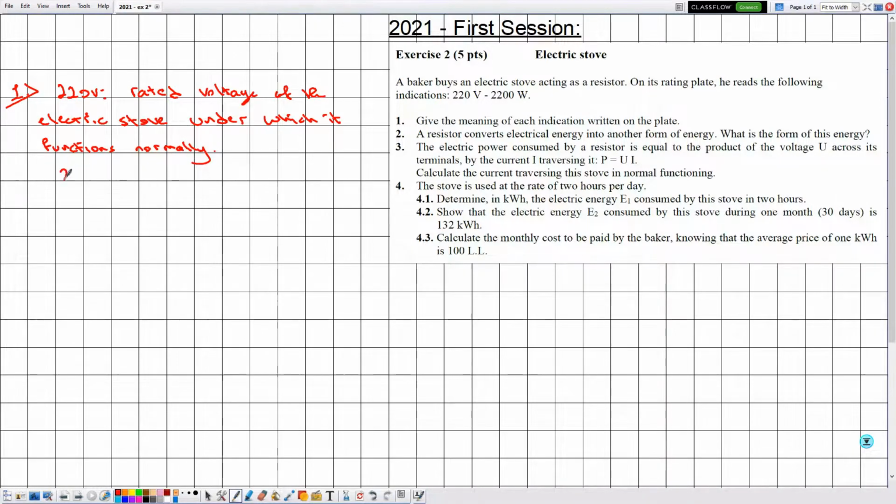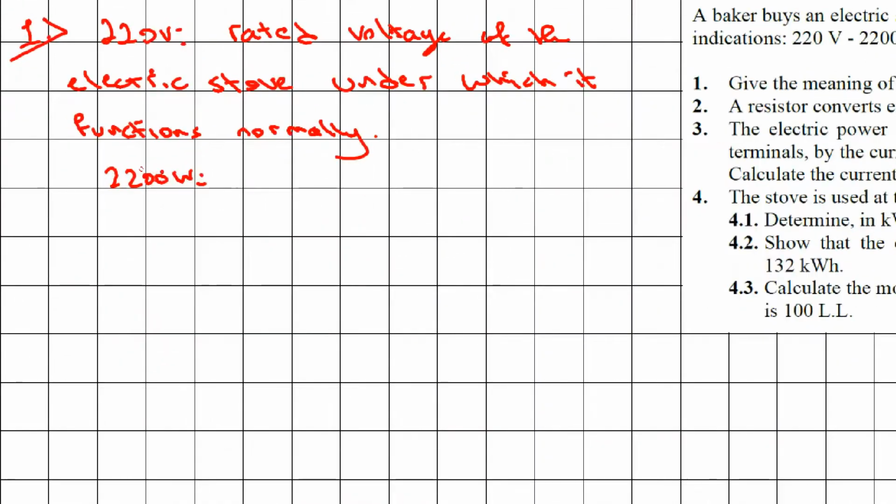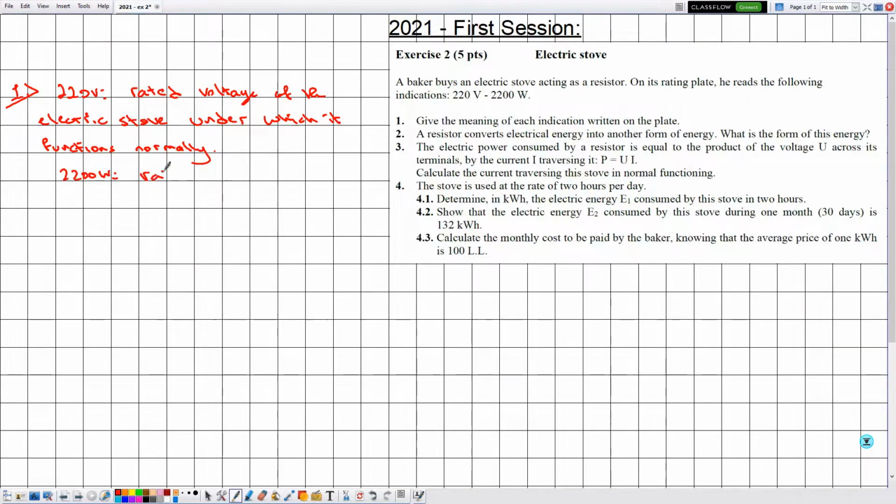Now regarding 2200 watts, we know that the watt is a unit of power, then this is the rated power consumed by the electric stove, under which it functions normally.